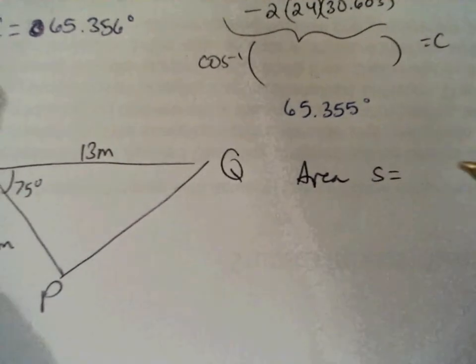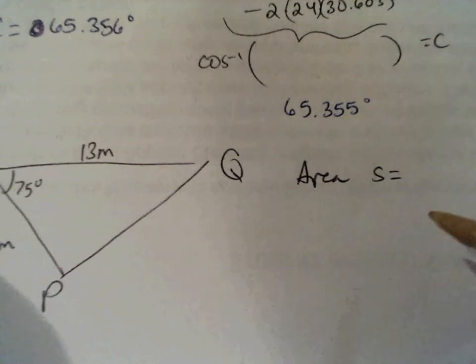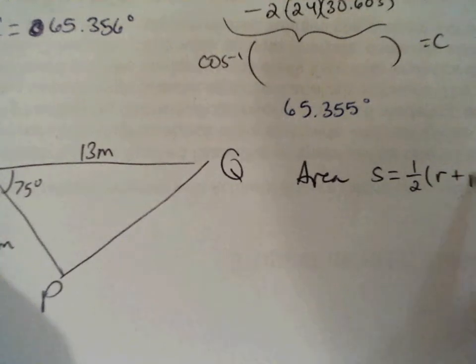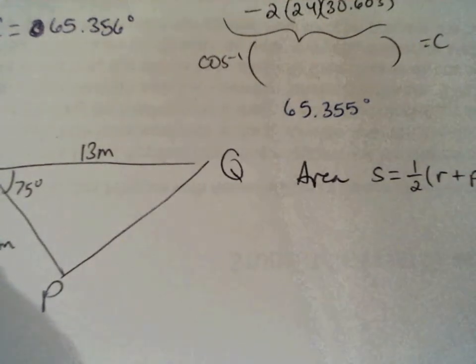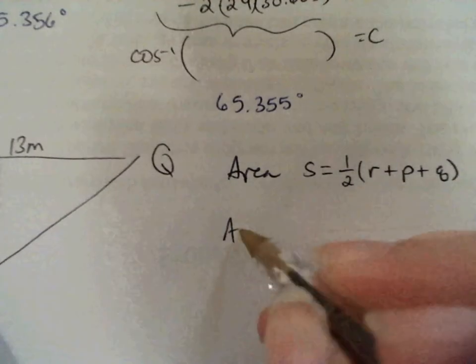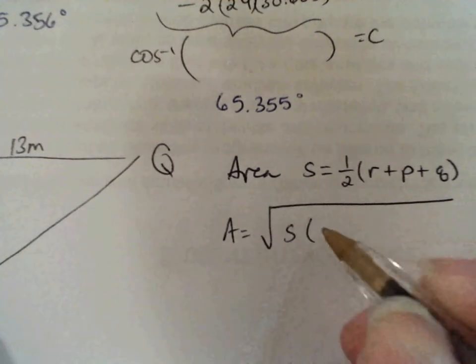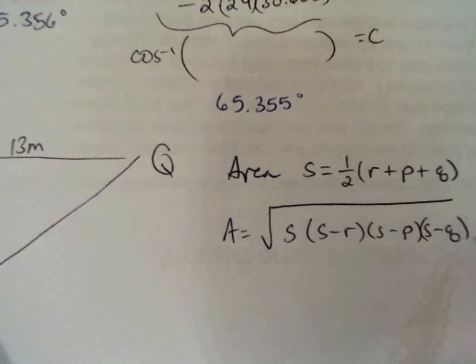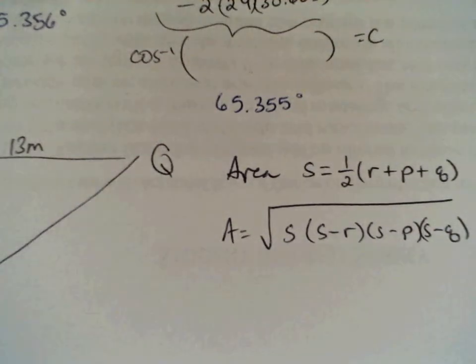Okay, so Heron's formula is actually pretty easy. First you need S, not side length. S is 1/2 the perimeter. So it'd be side R plus side P plus side Q. And then the area equals the square root of S times S minus R times S minus P times S minus Q. I don't have that formula written down, so I'm going to make sure, because I don't want to be wrong.